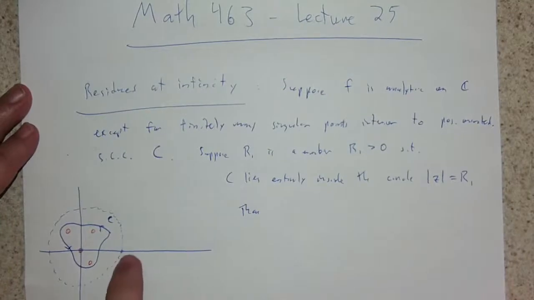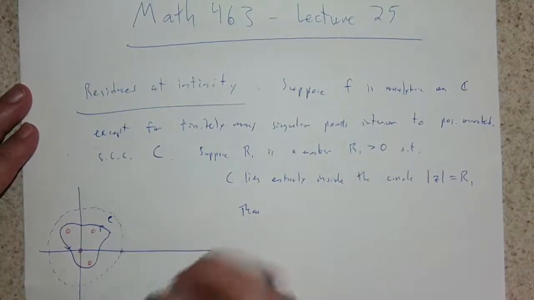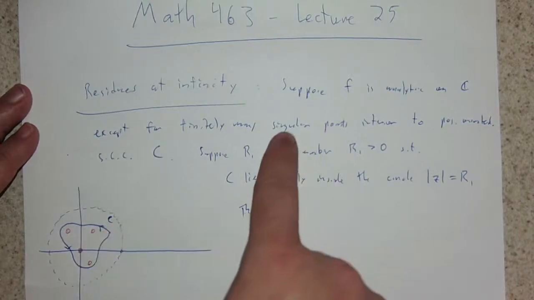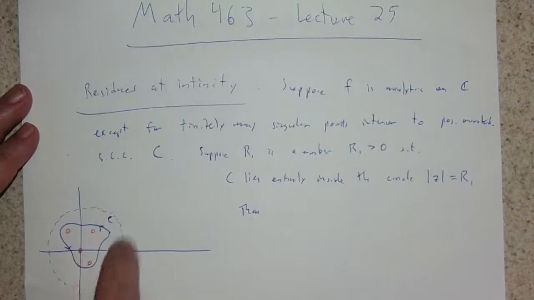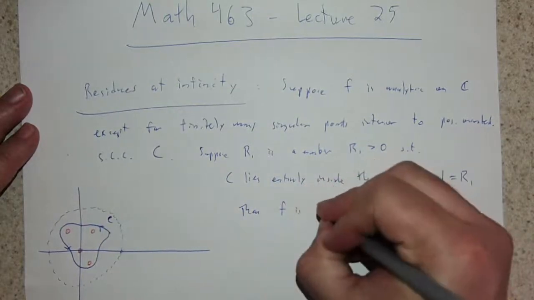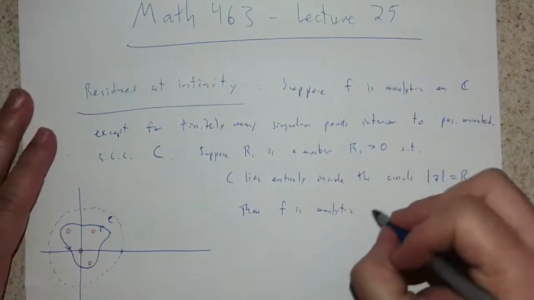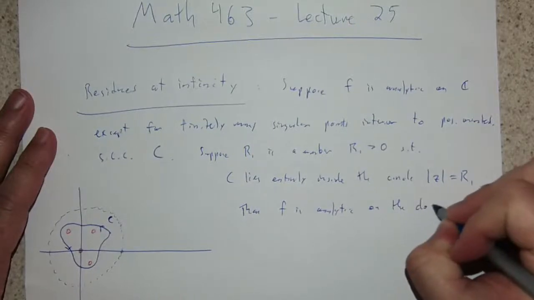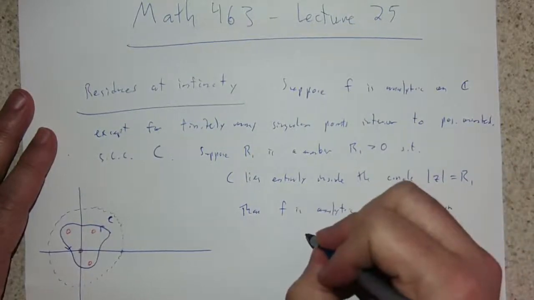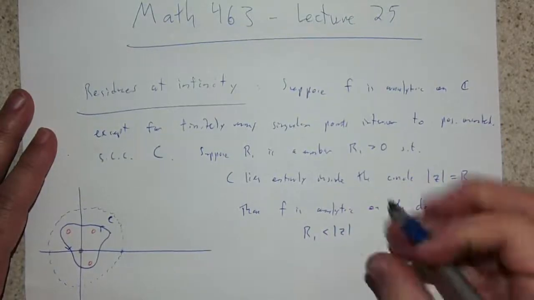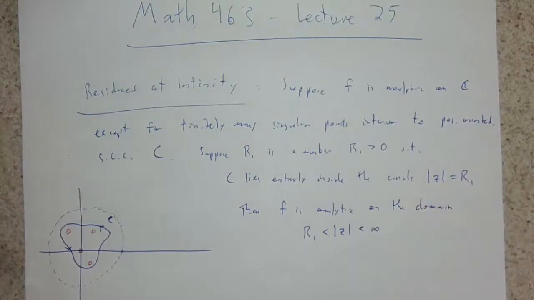Well, then, outside of this circle of radius r sub 1, since all the singular points of f are inside this curve C, and this circle is even separating the curve out further, f is analytic. So f is analytic on the domain described by all complex numbers having modulus strictly greater than r sub 1 and strictly less than infinity.